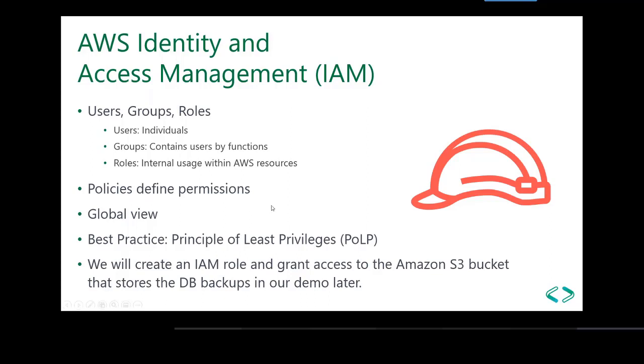IAM is a big topic to discuss, however, we're going to briefly go over it. We have users, groups, and roles. Users are the individuals. Groups just contain users by function, and roles are for internal usage within AWS resources.